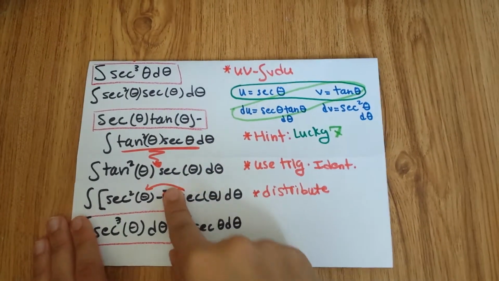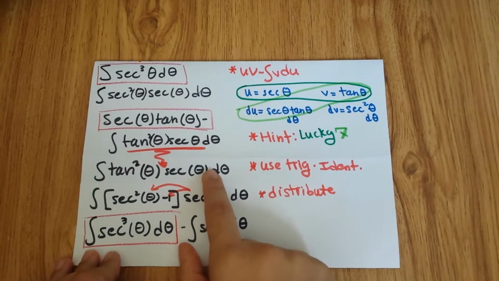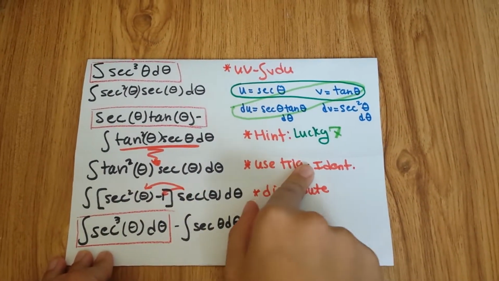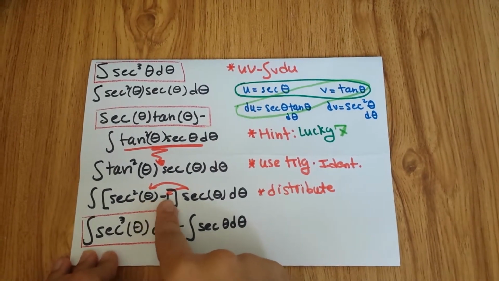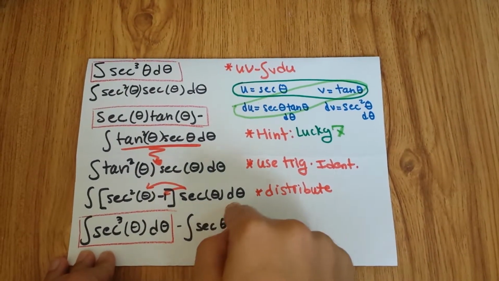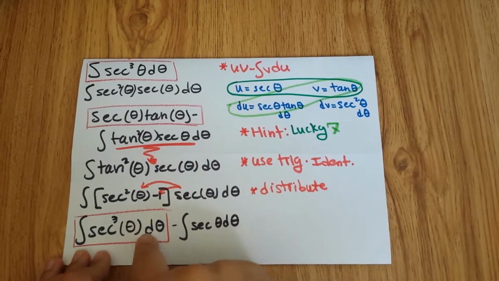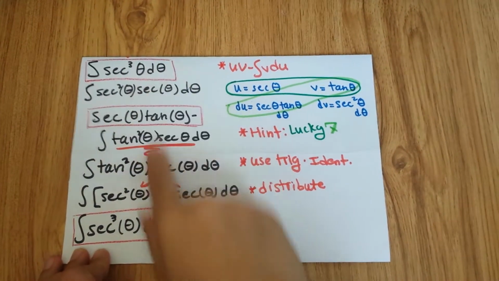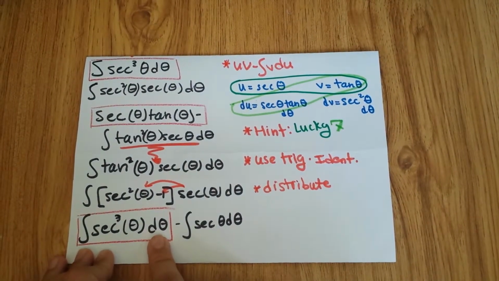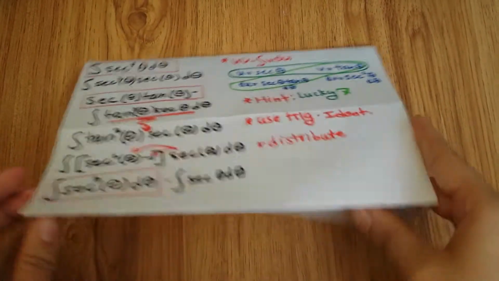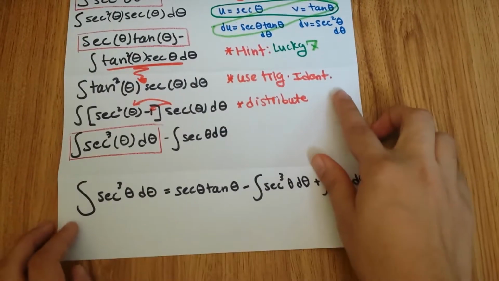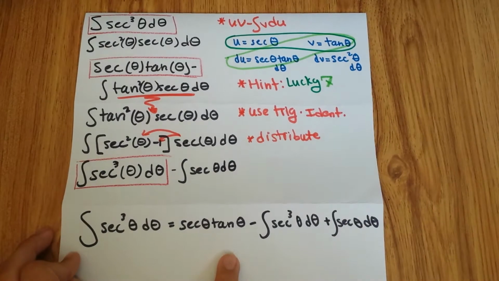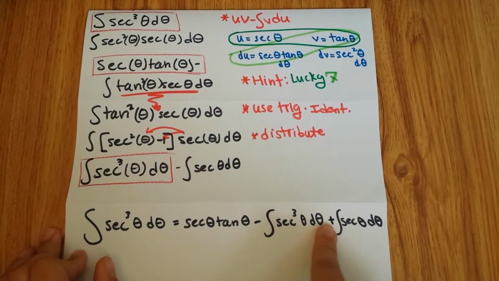So you take that aside and you start integrating again. So you have tangent squared theta secant theta. You use the trig identity again. You end up with secant squared theta minus 1, secant theta d theta. Now as you can see, we started off with secant cubed theta d theta. We ended up with it too. So what do we do in that scenario? We set the original equation equal to the integral of the entire term.